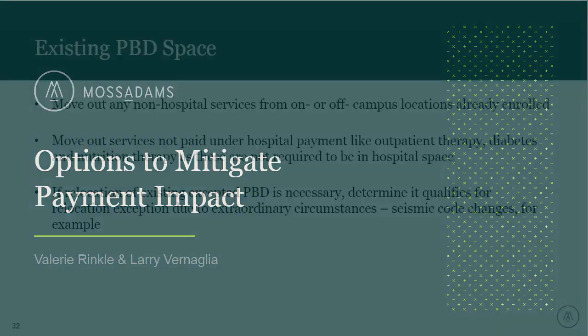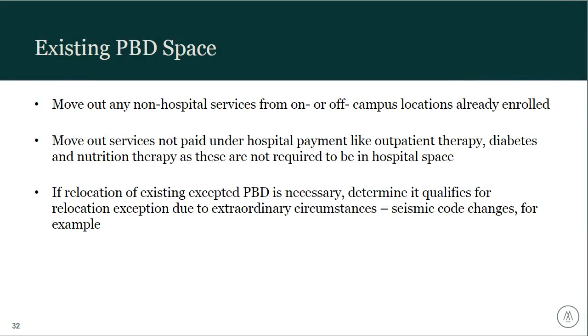Options to mitigate payment. So this is where we've already kind of been mentioning this. You want to move out any non-hospital or administrative services from on or accepted off-campus locations that you've already had enrolled on your 855. You want to vacate them and use them for clinical services as much as you can. Then you want to look at locations that have been performing therapy or diabetes and nutrition therapy.